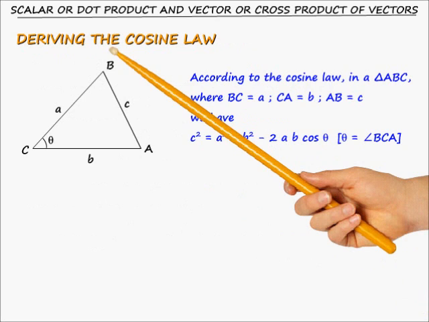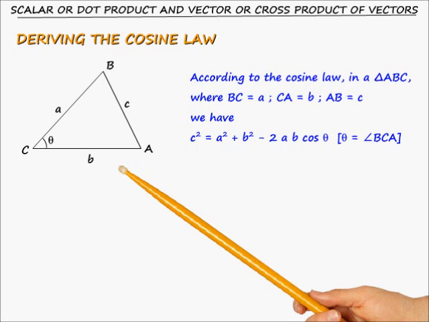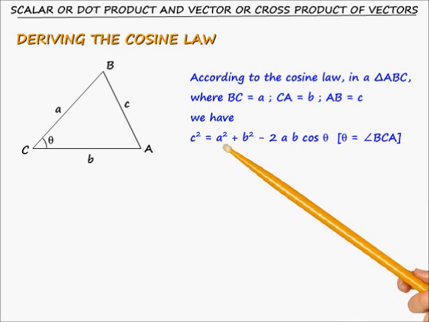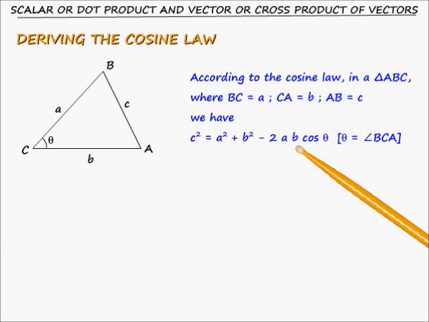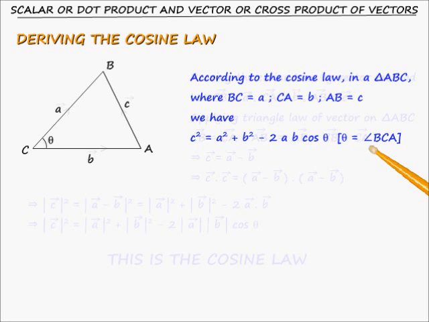Deriving the cosine law. In this triangle, as per cosine law, c square equals a square plus b square minus 2ab cos theta, where theta is angle BCA. We are going to prove this by the vector method.